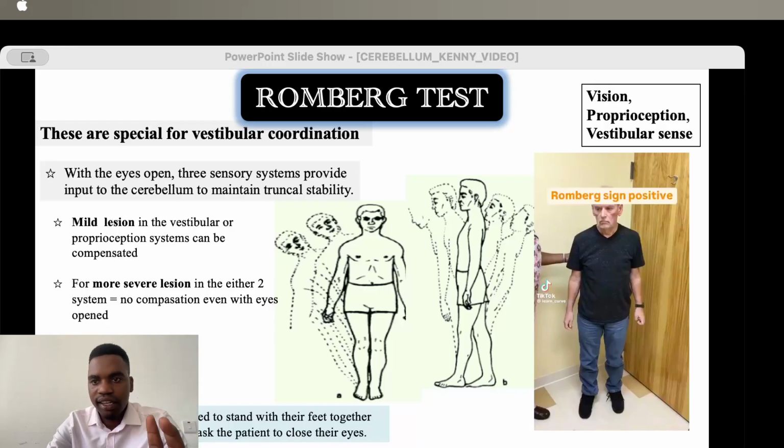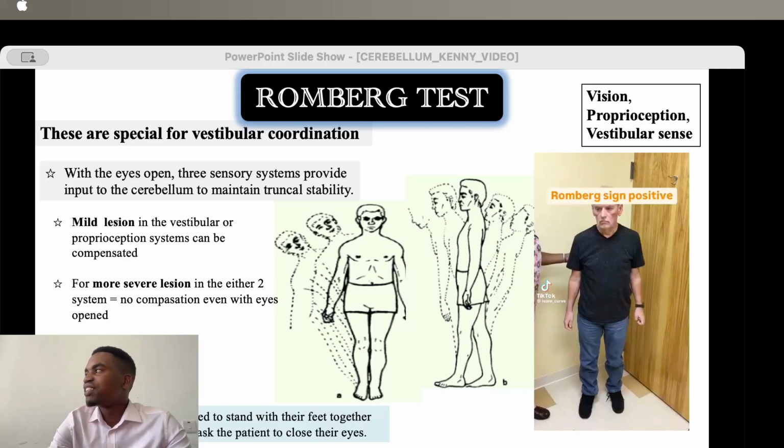For example, let's say now the proprioception is gone, so we remain with the vision and the vestibular sense. These two can help by mimicking the missing component. So they compensate for the missing proprioception.